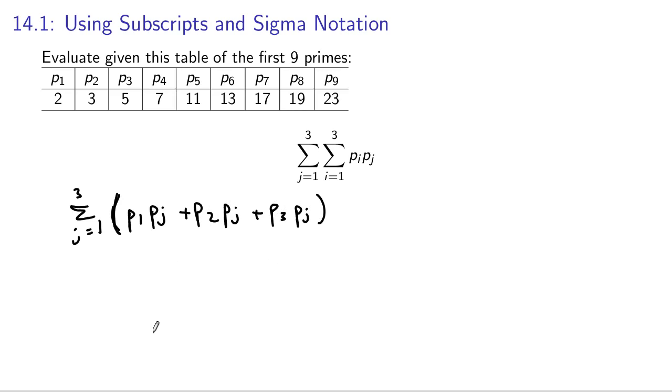Okay, by evaluating this first sum, we got rid of our i's, but we still have this j. Now we do the j one. The sum from j is 1 to 3.